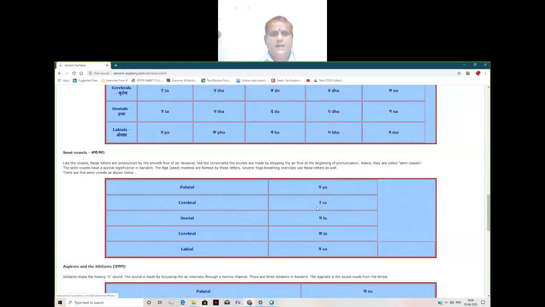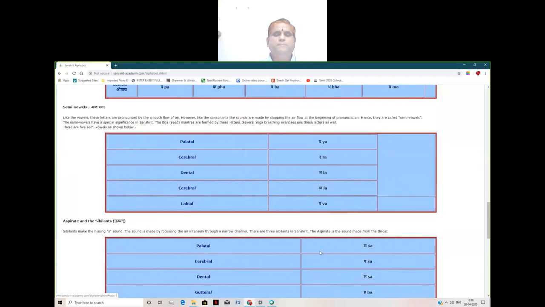Then ya, ra, la. This extra la is also there in the Sanskrit language, so it is given. You can write this also for practice, but we never use it in our school class curriculum, so you need not write this. You write only ya, ra, la. Then you write va.